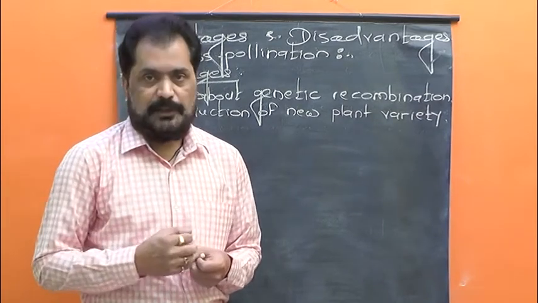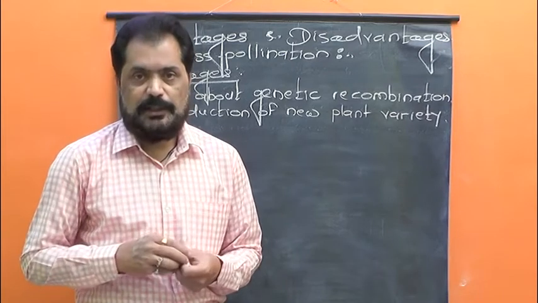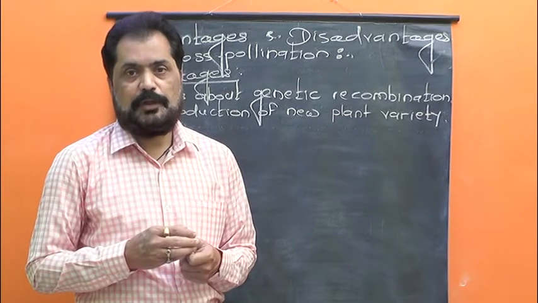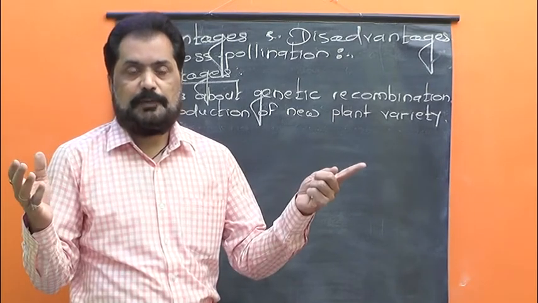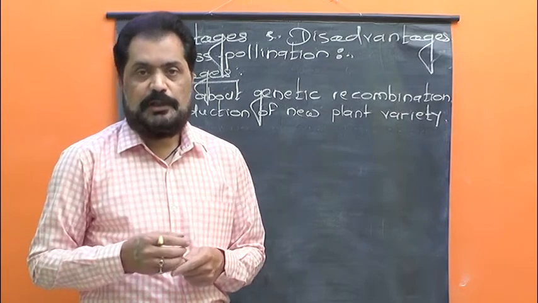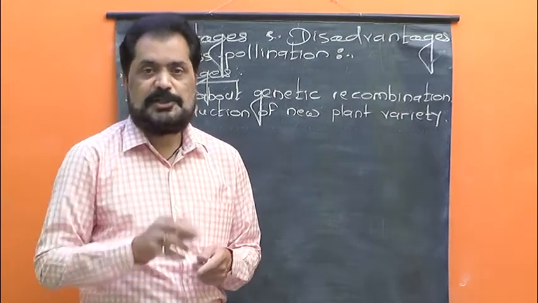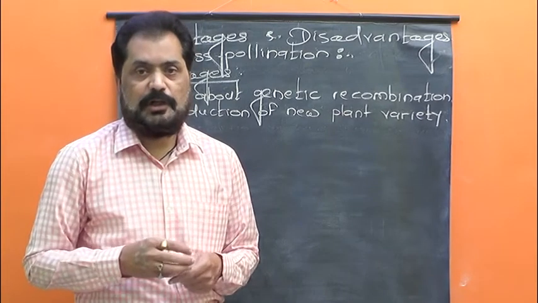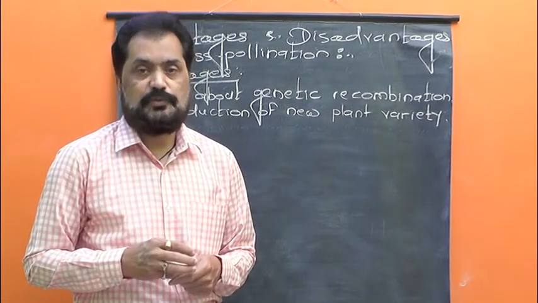हायब्रिड व्हिगर अर्थात हा जो फेनॉमेनॉन आहे की ज्यामुळे क्रॉस पॉलिनेशनमुळे किंवा आपण म्हणूया की दोन वेगवेगळ्या प्लांट व्हरायटीच्या क्रॉसिंगमुळे नवीन वनस्पती तयार होणं की ज्यांच्यामध्ये पॅरेंट प्लांट्स पेक्षा काहीतरी सुपिरियर कॅरेक्टर्स दिसत आहेत, या फेनॉमेनॉनला हायब्रिड व्हिगर असं सुद्धा म्हणतात.